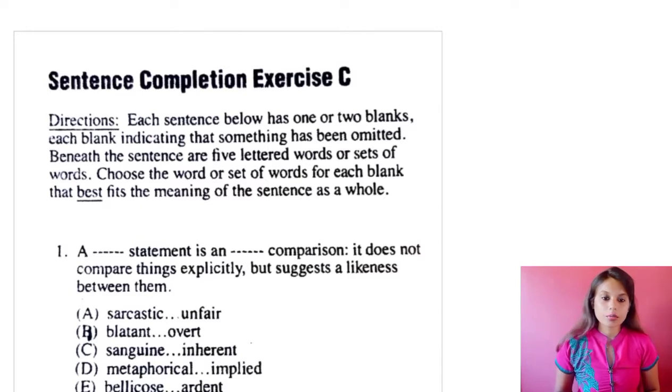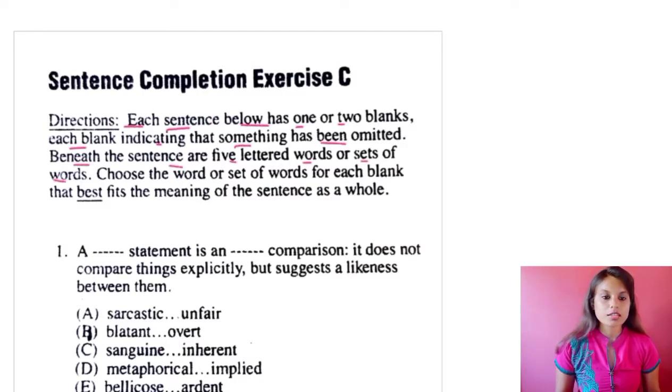Let's start with the question that is given. The direction is given as: each sentence below has 1 or 2 blanks, each blank indicating that something has been omitted. Beneath the sentence are 5 lettered words or sets of words.